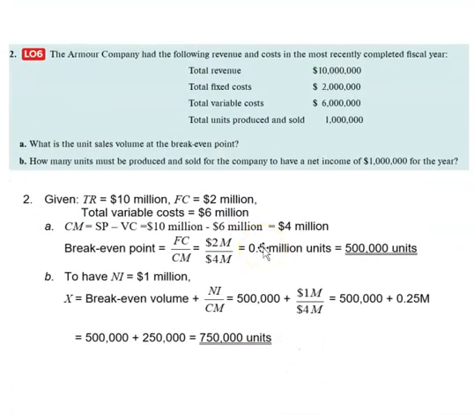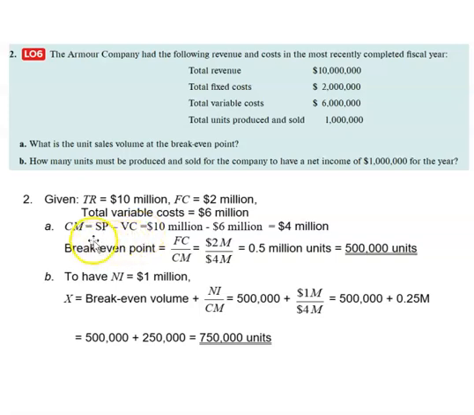Okay, so what is the unit sales volume at the break-even point? So we have total revenue of 10 million, we have fixed costs of 2 million, we have total variable costs of 6 million. Okay, so as you know, we can either do the SP minus VC and multiply it out that way, just like we did in the others.